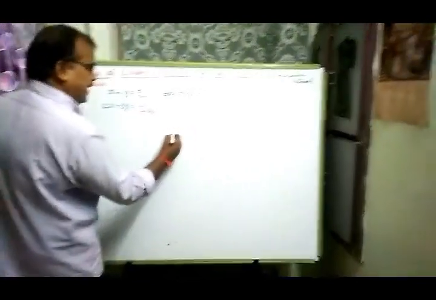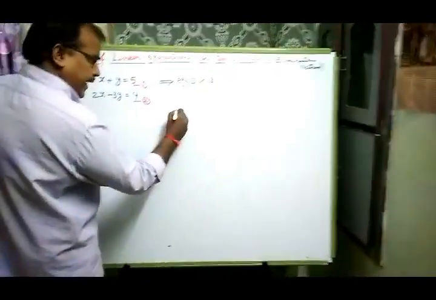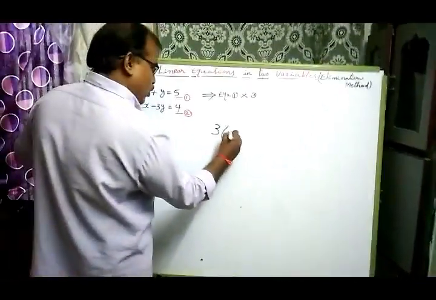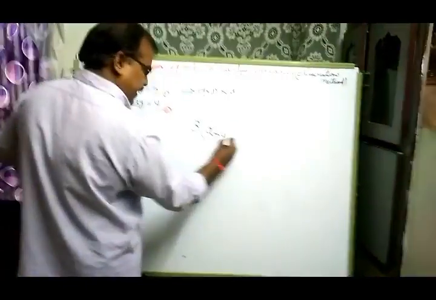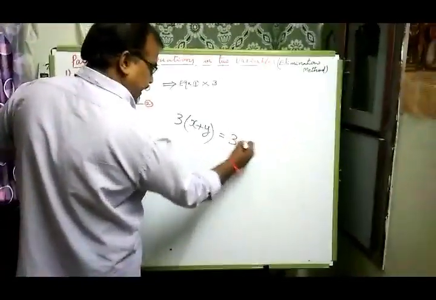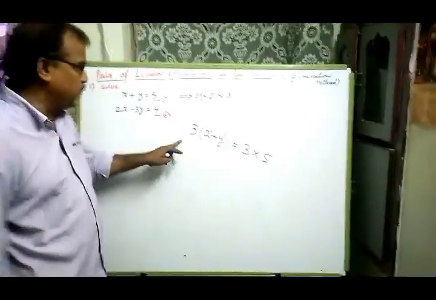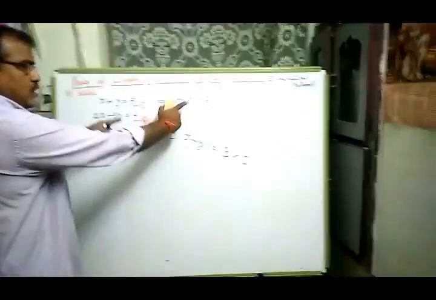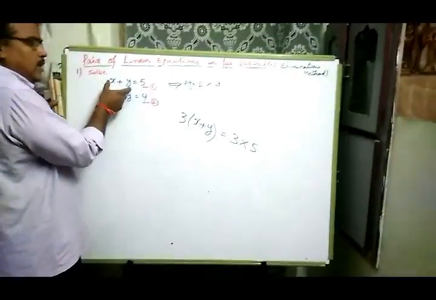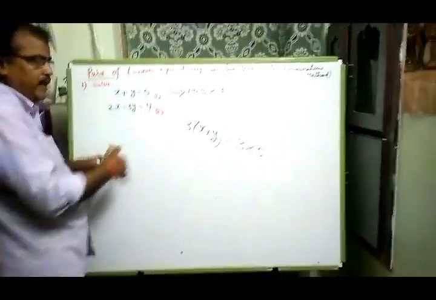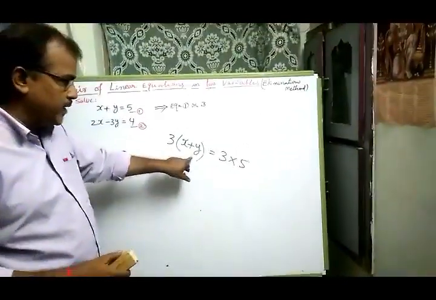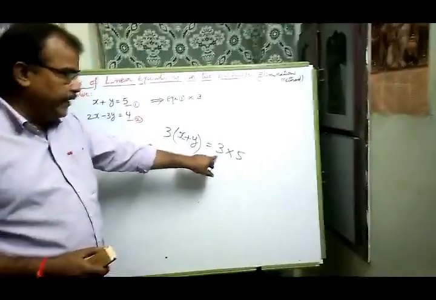Since multiplying equation 1 by 3 is meant for both LHS and RHS, I have to multiply both sides. That's why 3 into (x plus y) is equal to 3 into 5.